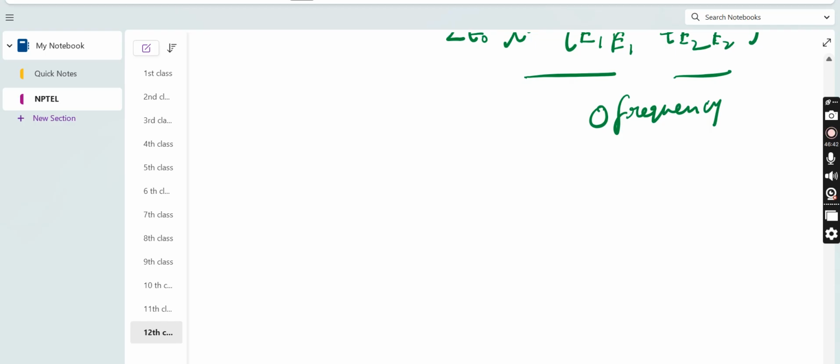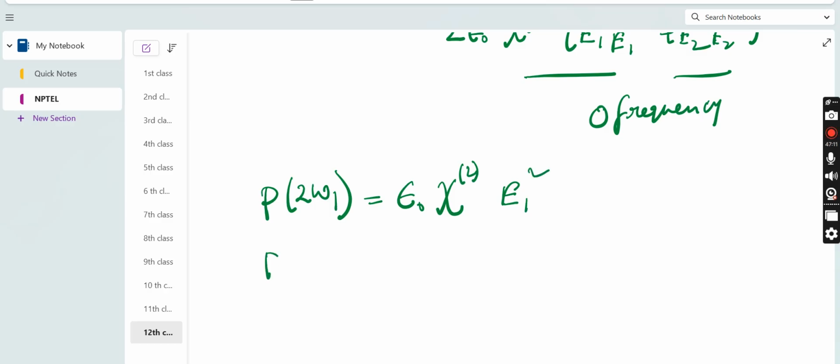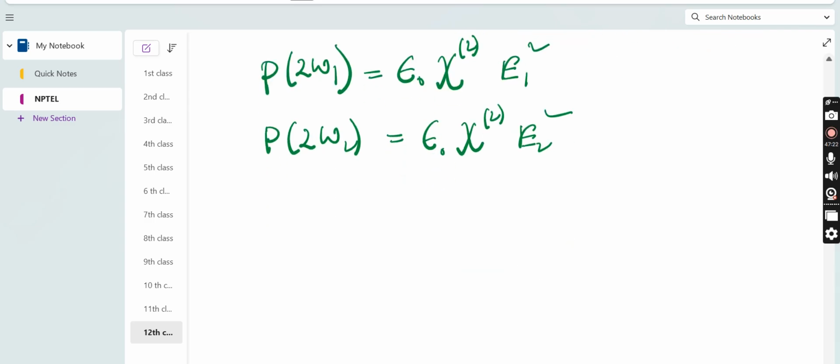The polarization terms vibrating with frequency 2 omega 1 have amplitude epsilon naught chi 2 E1 square, and for 2 omega 2 it is epsilon naught chi 2 E2 square.